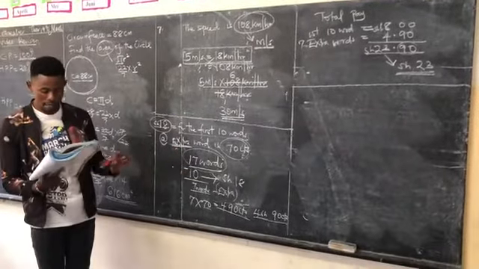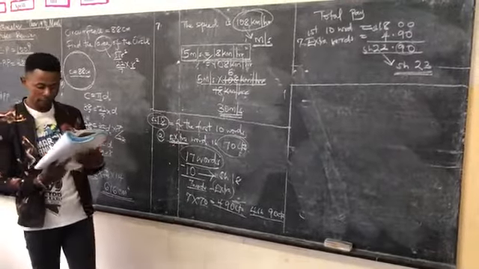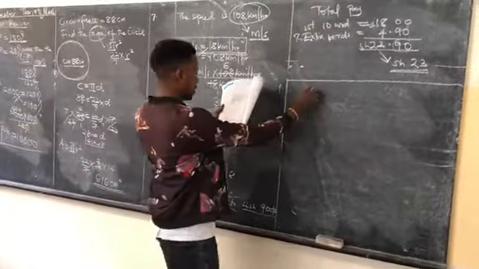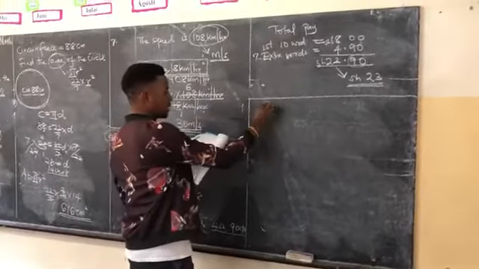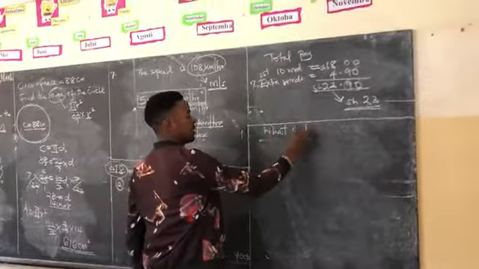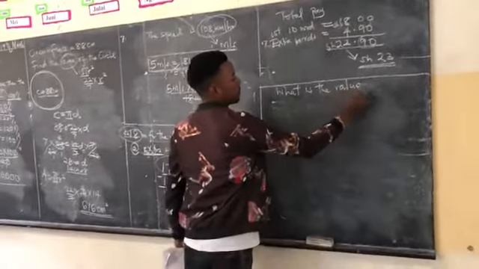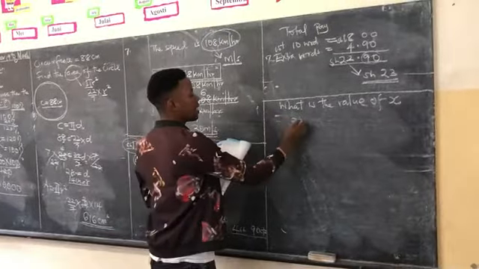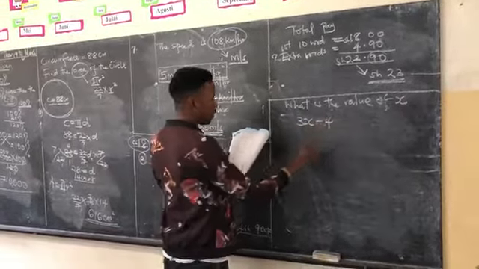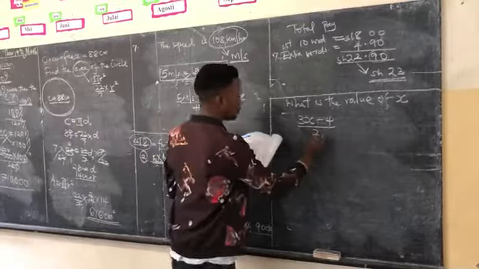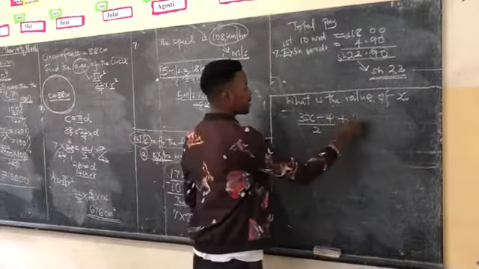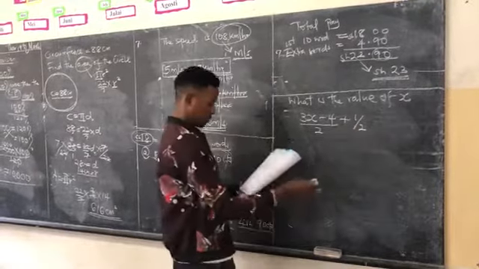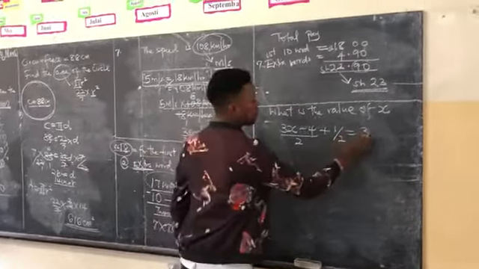It will guide you. Then number 15 was, what is the value of x? So this is (3x minus 4) over 2 plus a half is equal to 3.